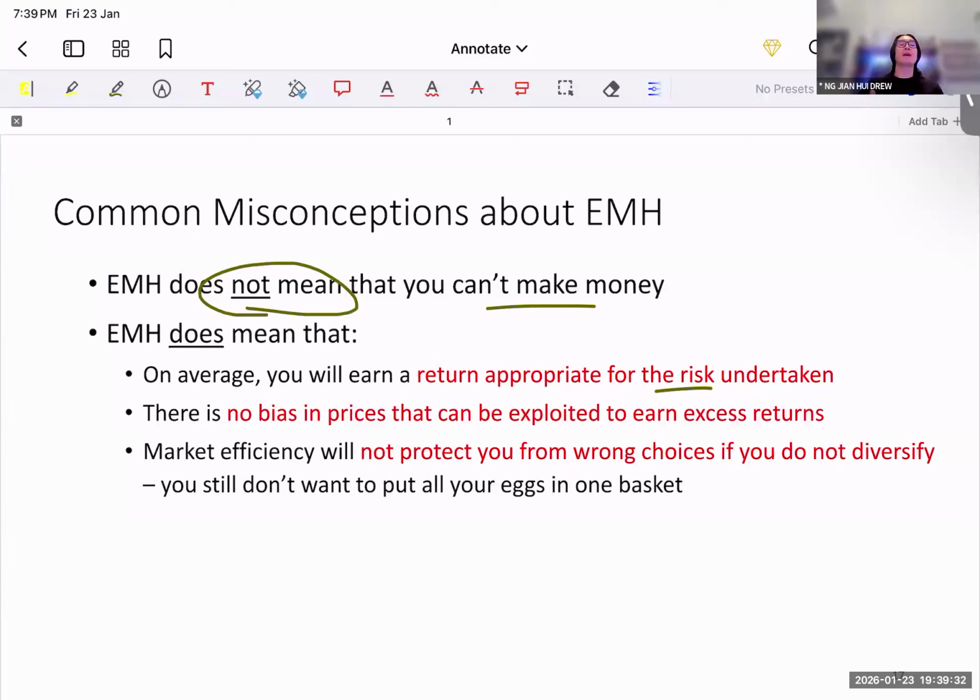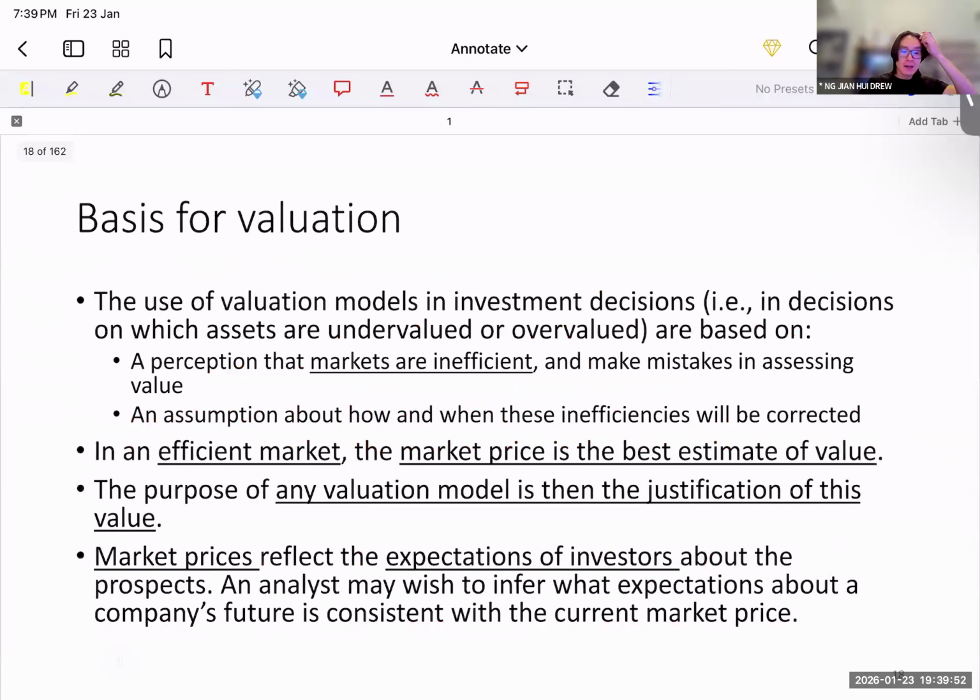So this concept of the efficient market hypothesis will not really be something that you apply in your valuation. It's really more of a concept that you have to put at the back of your mind, to know that such a theory exists when you do your valuation, right? So we move back to the basics of valuation, having understood this efficient market hypothesis, right?